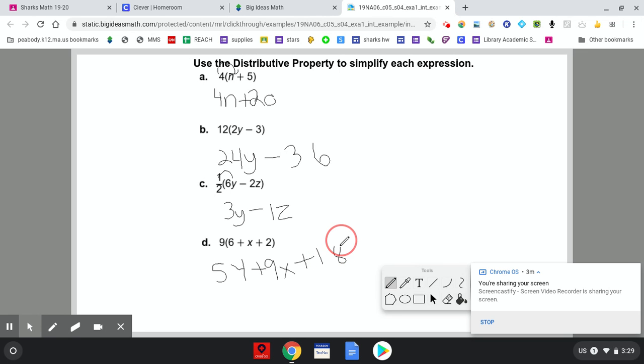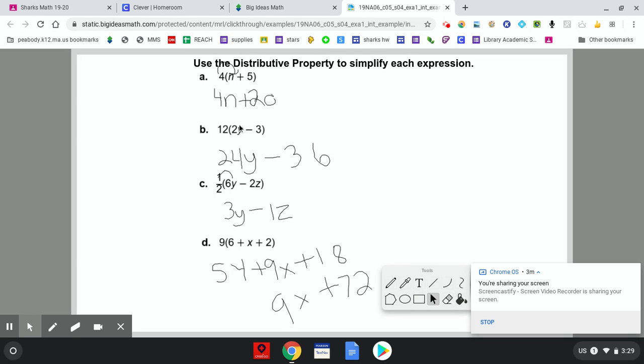Now this one we can simplify a little bit more. See how 54 and 18 are all by themselves. They're constants. You are allowed to add those together. So that's going to be 9x, keep the 9x by itself, plus, if you add 54 and 18, you get 72. So 9x plus 72. So that would be your final answer for that one.